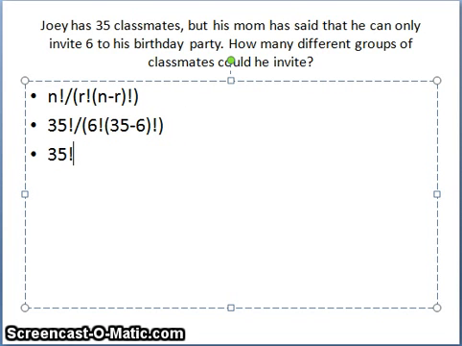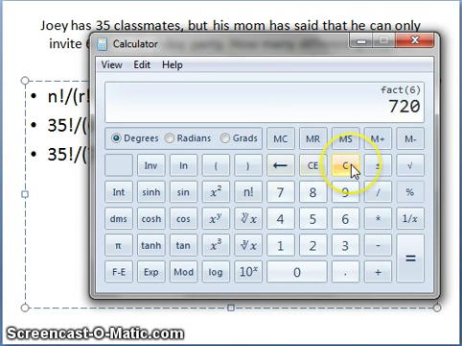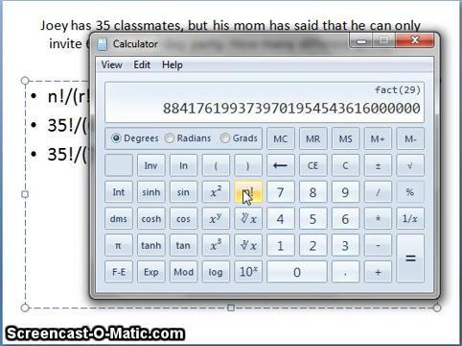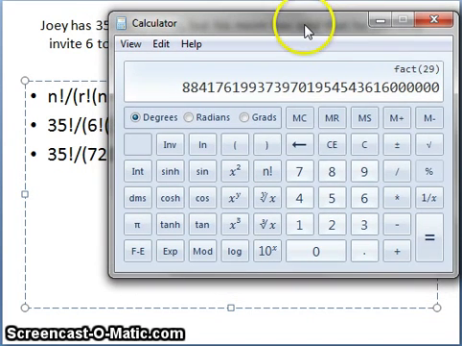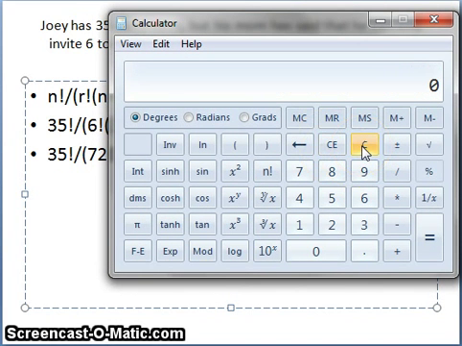I'm going to reevaluate what order I do this in. I think I said 720, right? Yeah. Now we're going to do 35 minus 6, which is 29. So 29 factorial is really big, but not as big as 35 factorial was. We still don't want to write that whole thing out, so I'm going to try to put all this in the calculator at one time.